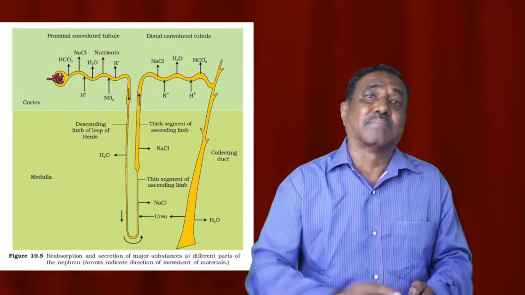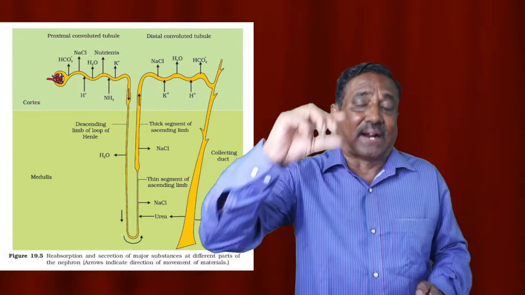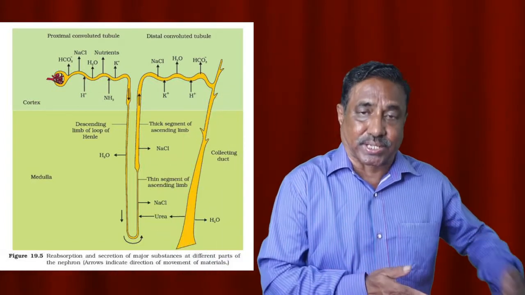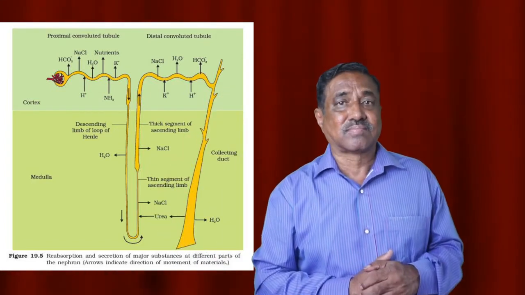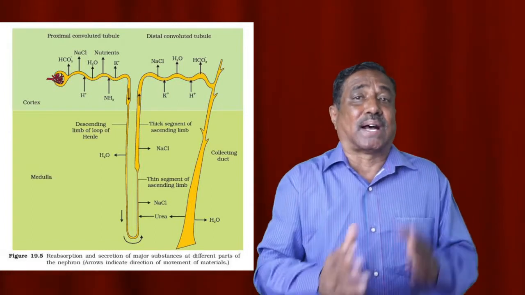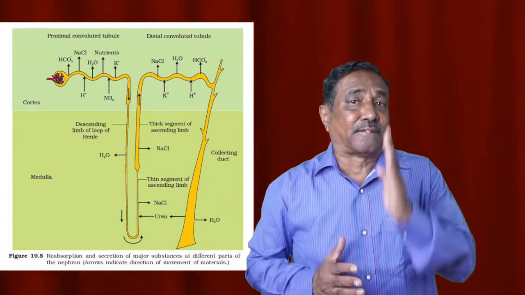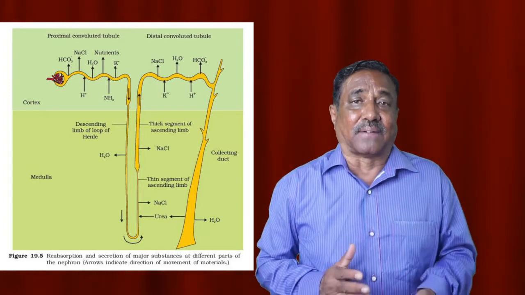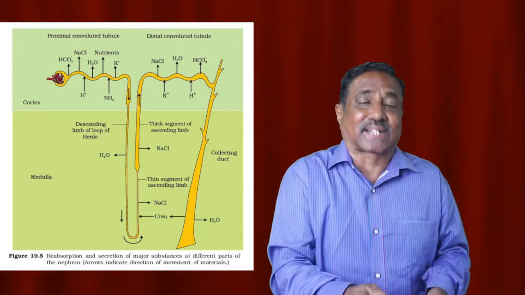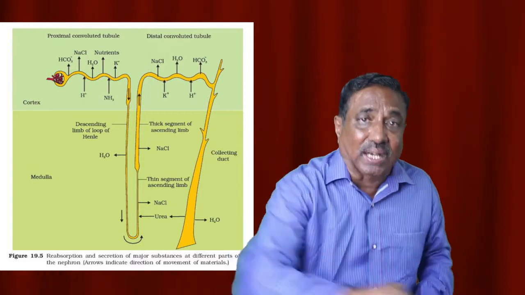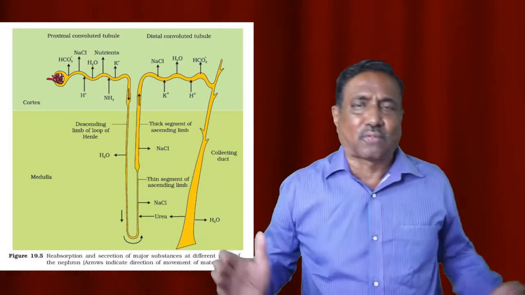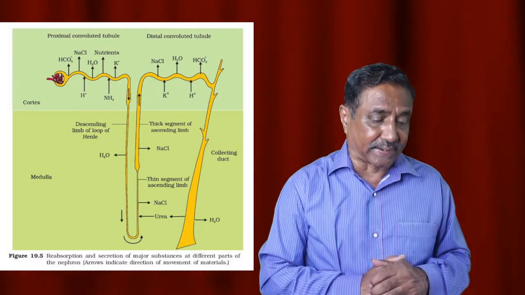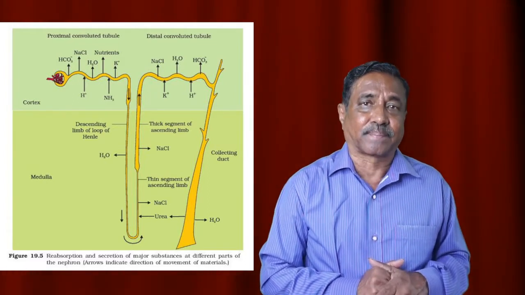From the descending limb, to the ascending limb of vasa recta, and from the ascending limb of vasa recta to the interstitial region, that is NaCl. Whereas the urea will be transported from the ascending limb of Henle's loop, and to the interstitial region from the collecting tubule. These things are very important for your examination.